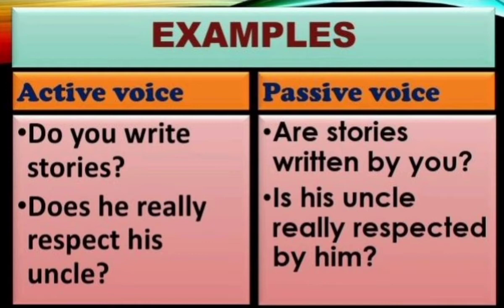Because the object stories is plural, we are using the plural helping verb are. And therefore we are supposed to begin with are stories written by you. So do plus write here becomes are written. Are stories written by you.